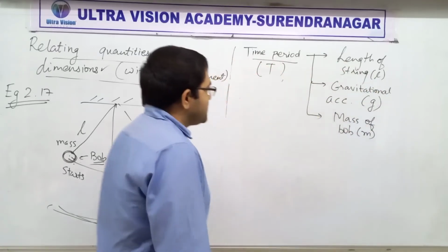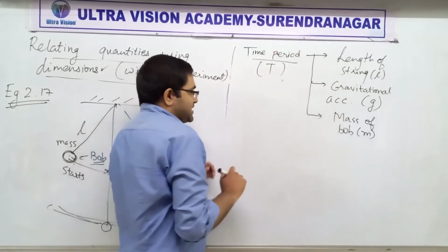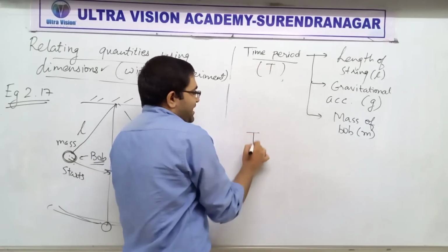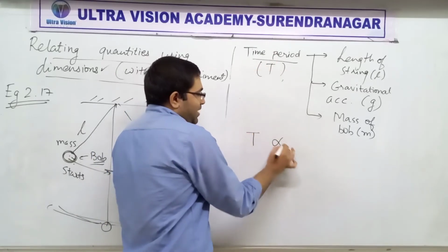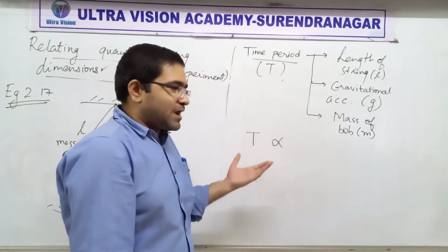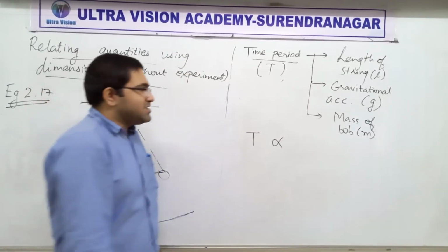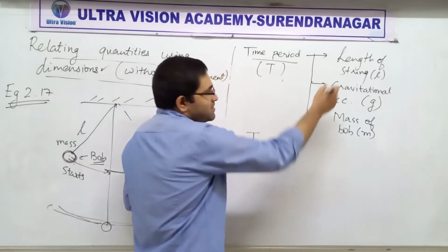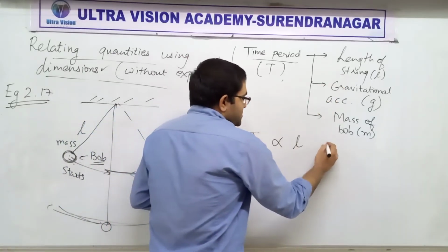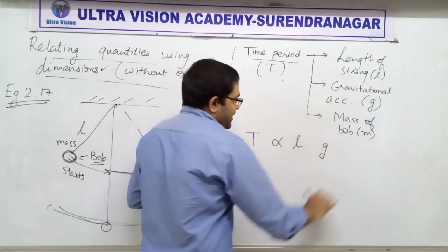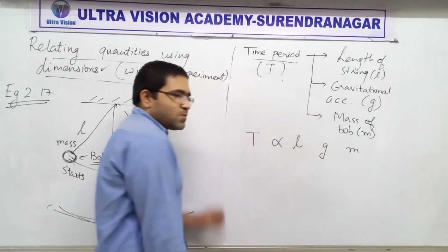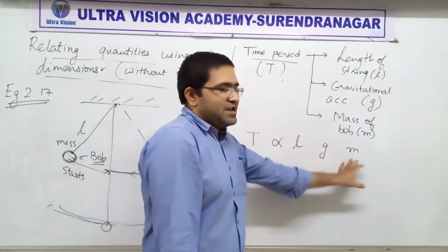Let's start. First of all, I will say that the time period should be somehow proportional to, or depending on, length L, g, that is gravitational acceleration, and mass m.